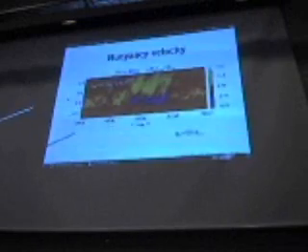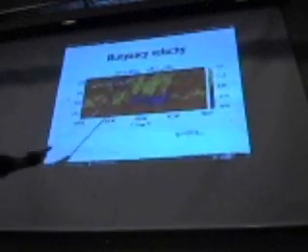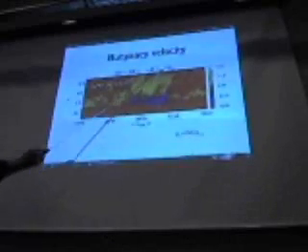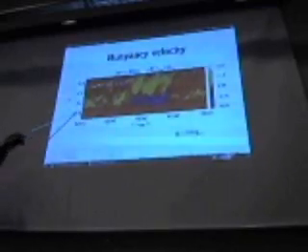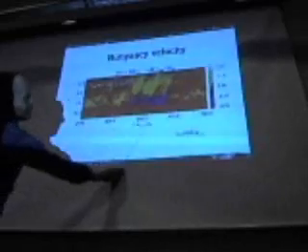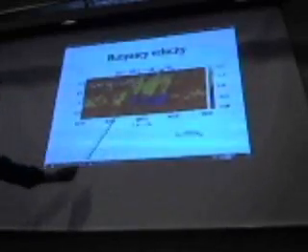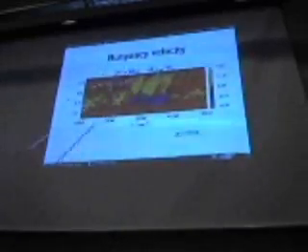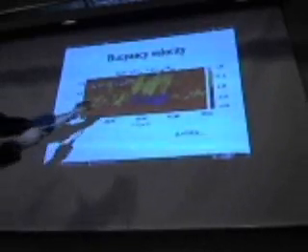Then we computed the buoyancy velocities using horizontal averages. Here the contours show these emergence events. This is the z direction and this is time. By computing the tilt of these contours, we can compute the velocity at which the magnetic field is rising.